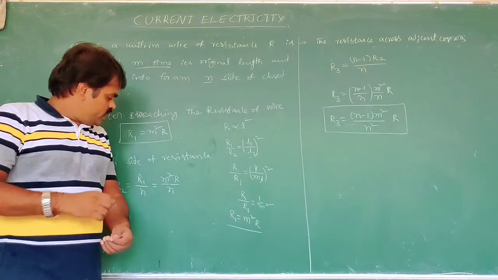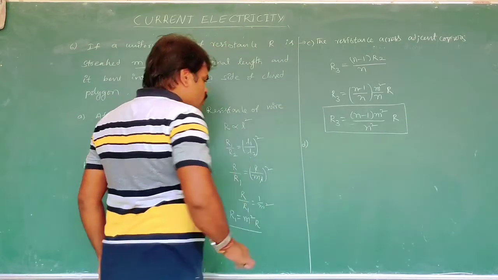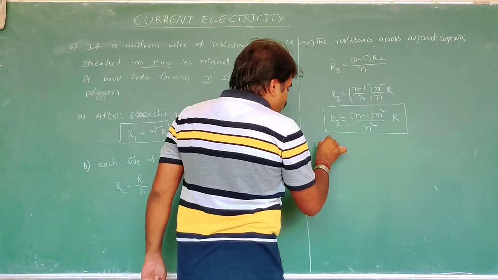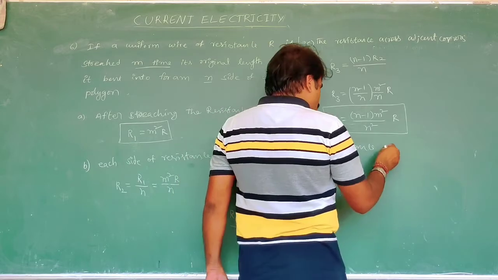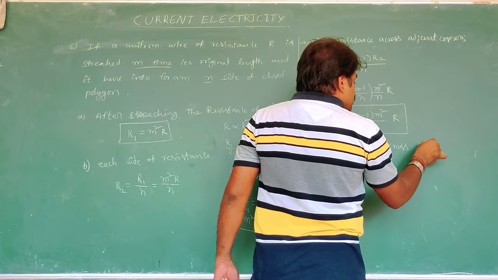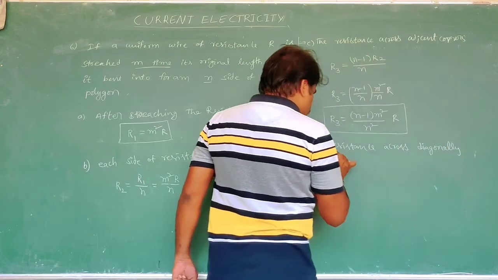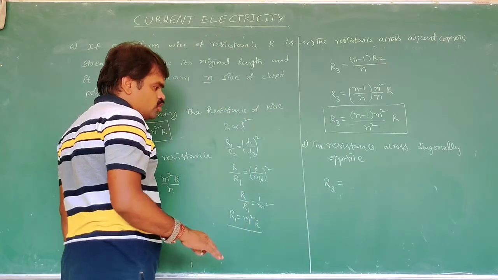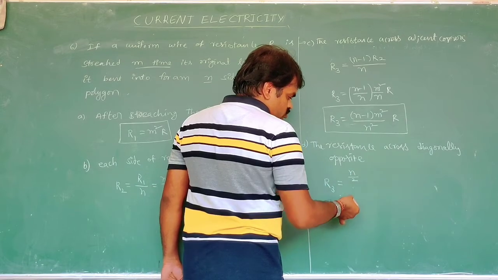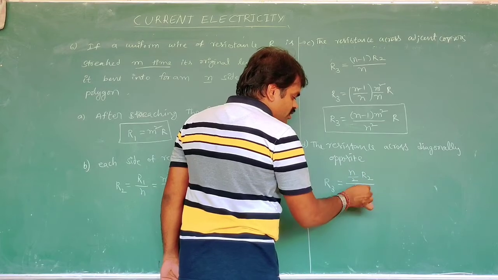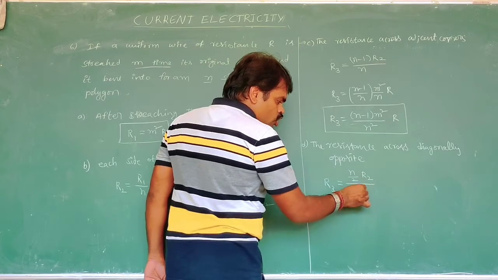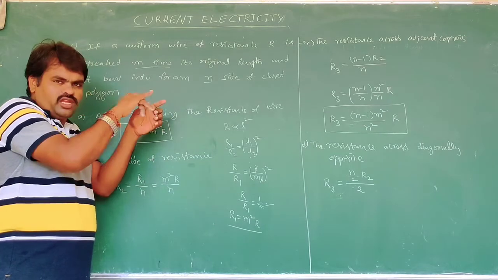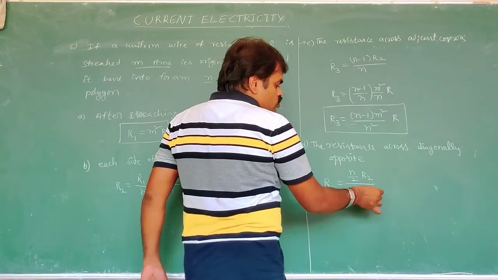Now the last one, that is part C. For the resistance across diagonally opposite points, that is R4, what is the formula? n by 2 into R2 by 2, because half of the n sides, n by 2 sides, are on one side and n by 2 sides on the other side, and they are in parallel.